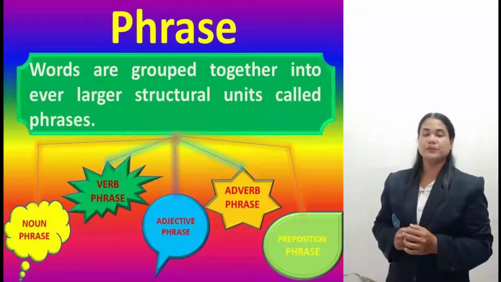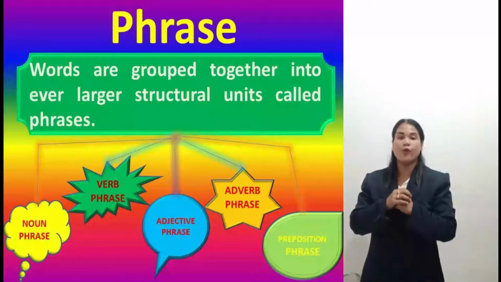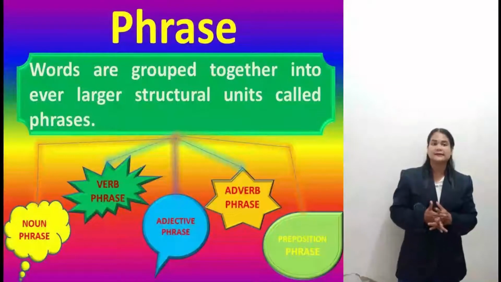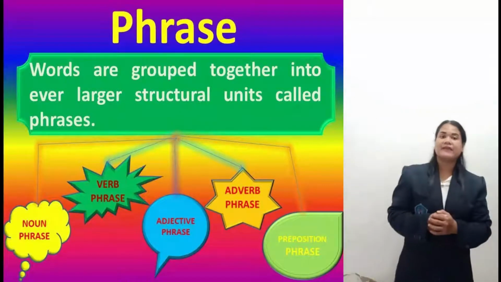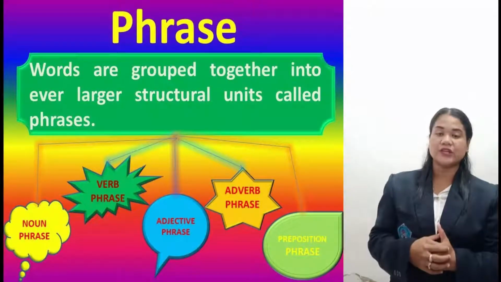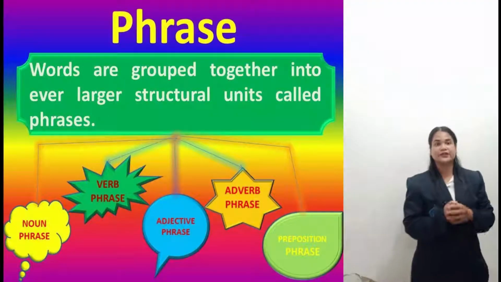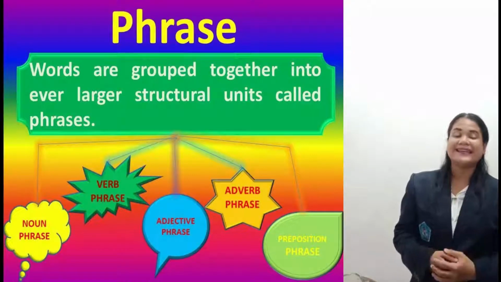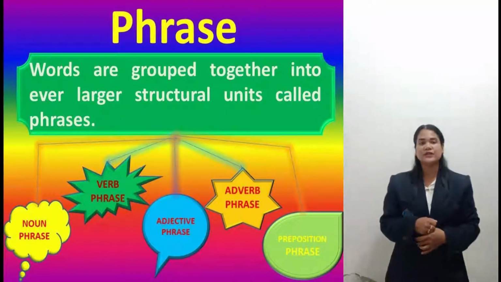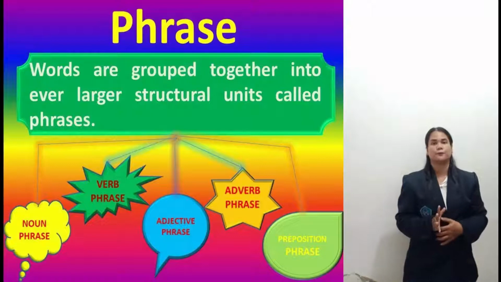A preposition phrase is a group of words that lacks either a verb or a subject, and that functions as a unified part of speech. It normally consists of a preposition and a noun, or a preposition and a pronoun.